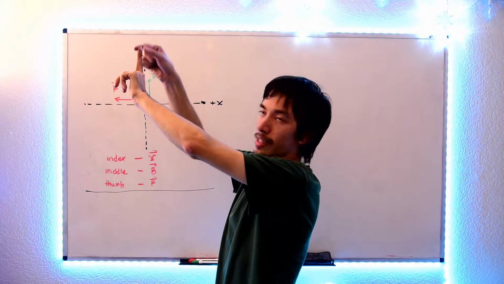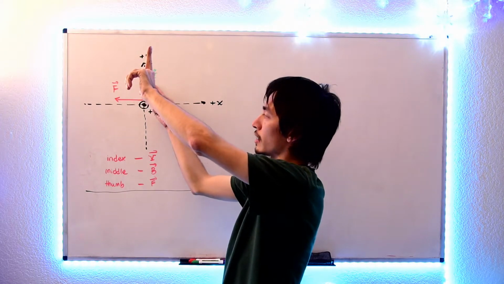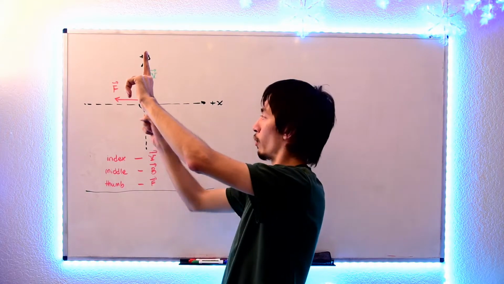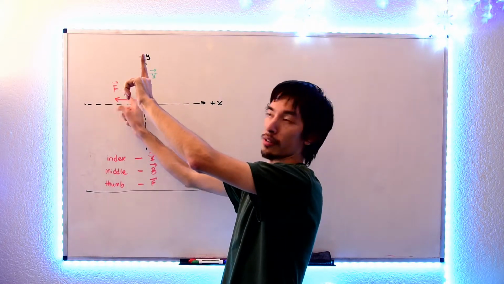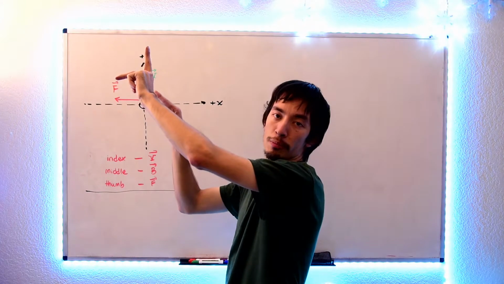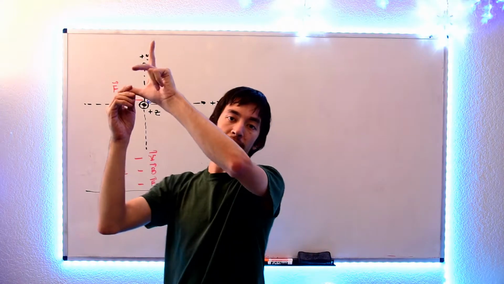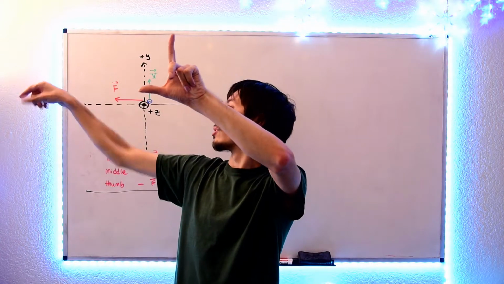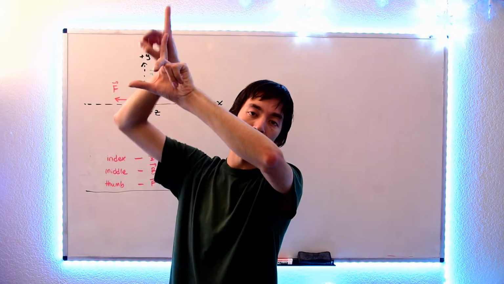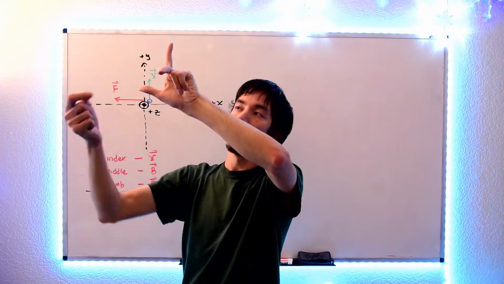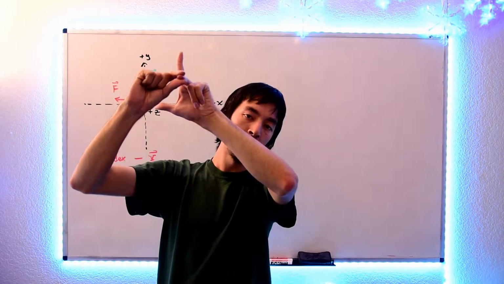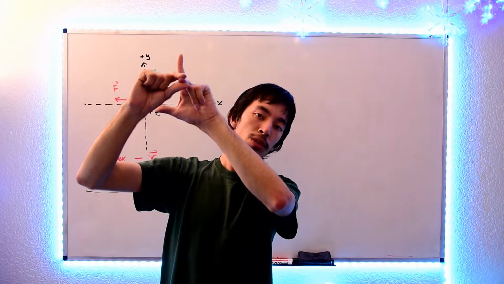While the index needs to stay up in the direction of the velocity in the diagram, we need to make sure that the thumb points in the direction of the given force. Right now, my thumb actually points into the page. I just need to rotate it around so that the thumb points in the direction of the force, and the index continues to stay in the direction of the velocity in this case. The remaining one is the middle finger, which points out of the page.